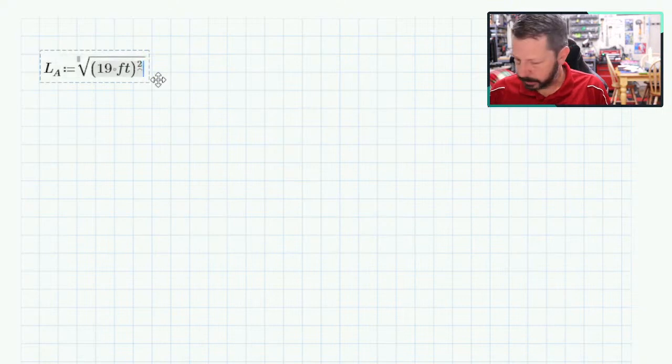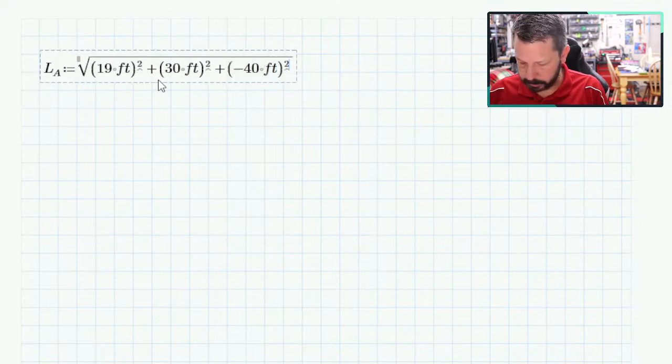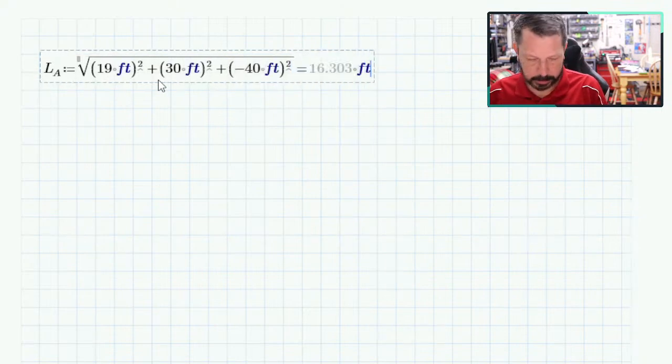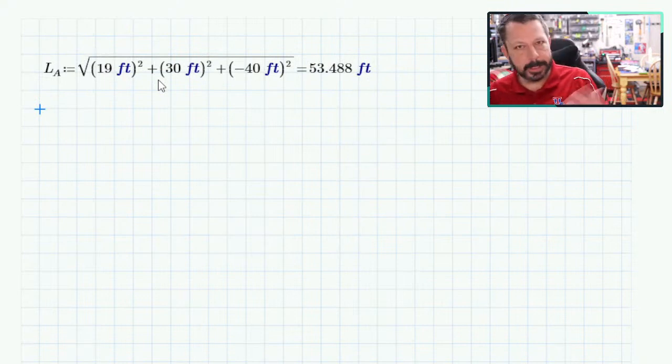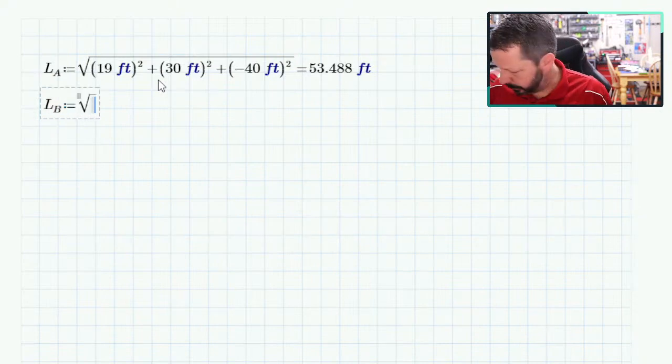Whoops. 19 feet squared plus 30 feet squared plus negative 40 squared. And we want that in feet. Okay, and we'll do that for A, B, and C. So B is, can't see it.